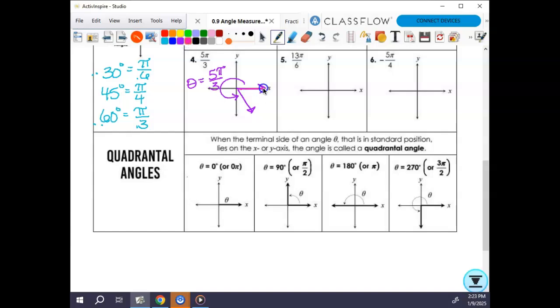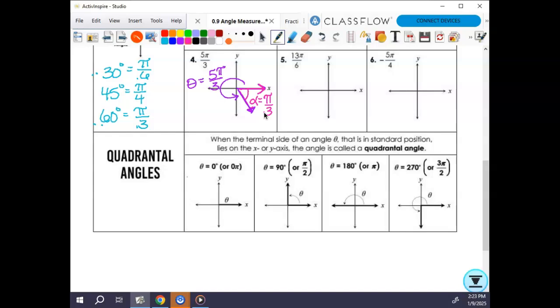This is my reference angle. What do you think alpha is? Pi thirds, right? Because that 5 pi thirds, I need one more pi thirds to get me to 6. Think of them as things, because that's really all fractions are. Easy enough?